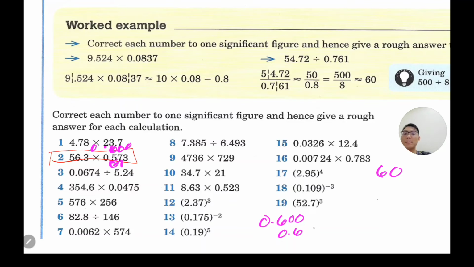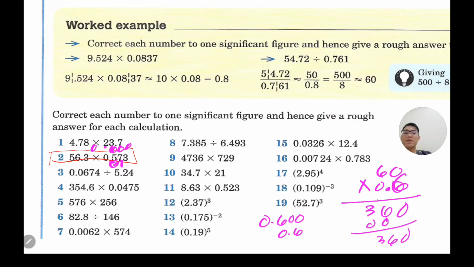Now we can multiply it by this one. 0.6. Okay, now 6 times 0 is 0, 6 times 6 is 36, and then 0 times 0 is 0, and then we have 360. Let's count the number of decimal places.